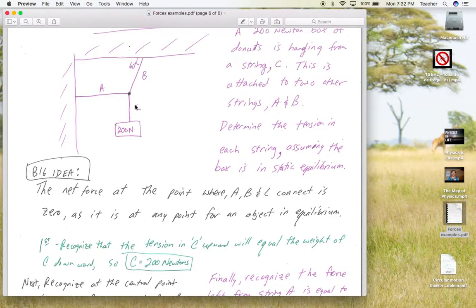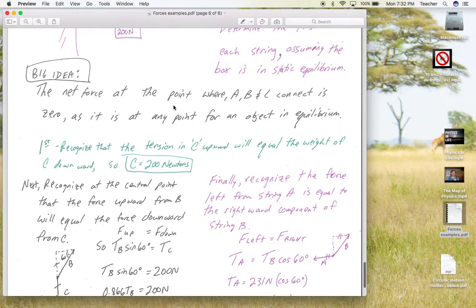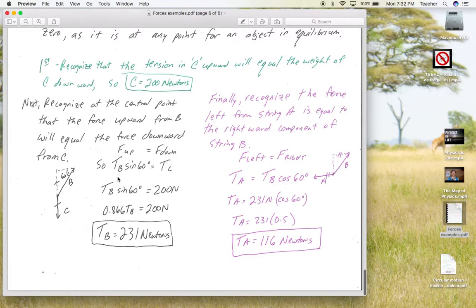Next, the vertical component of B would equal 200 newtons, because it's the only thing that's pulling up at this point. So I'm going to say that tension of B times sine of 60 degrees is equal to the tension of C, which is 200 newtons. So I can use trig to find that the tension of B is 231 newtons.